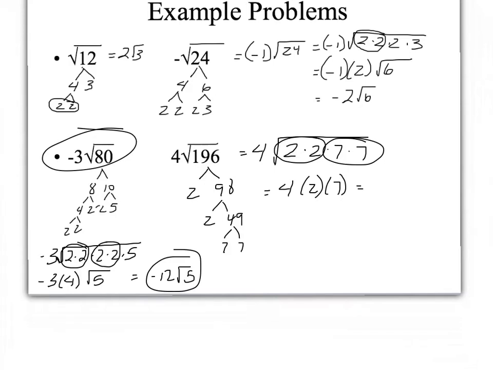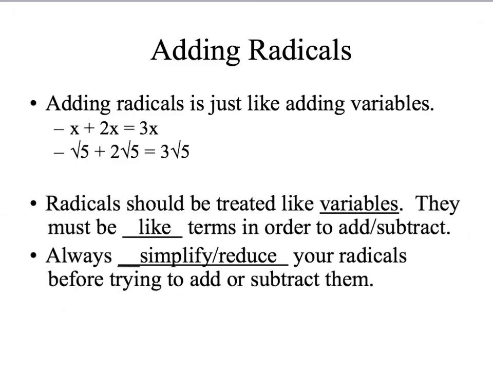So 4 times 2 times 7 is going to be 56. So 4 times the square root of 196 is 56. And if you'd put that in your calculator right away, you'd have seen that anyways.